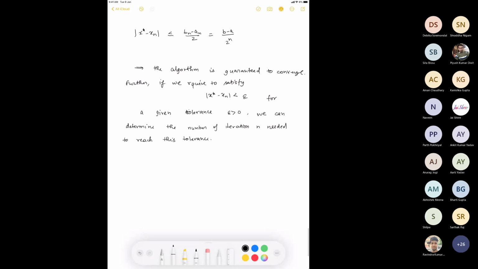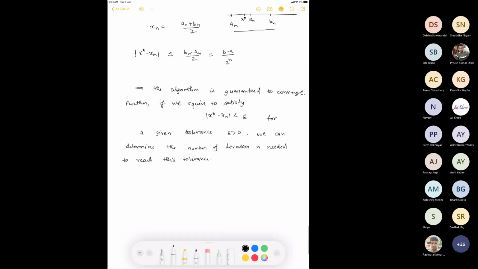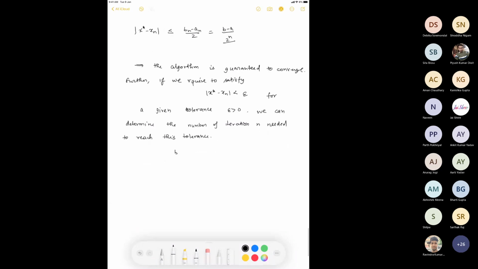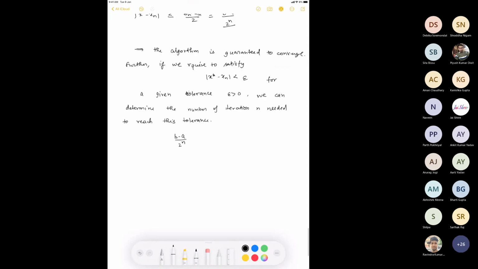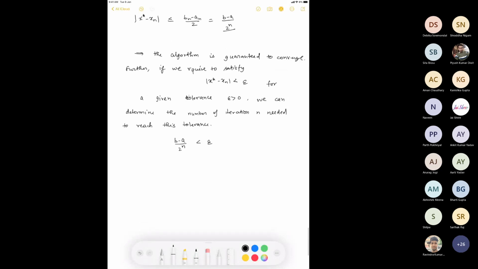And that we can do by simply demanding that my error, which we have got here as (b minus a) divided by 2 raised to power n, would be less than epsilon. So I'm going to find my n such that this quantity is less than epsilon.